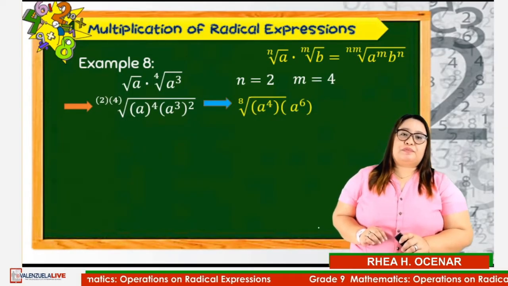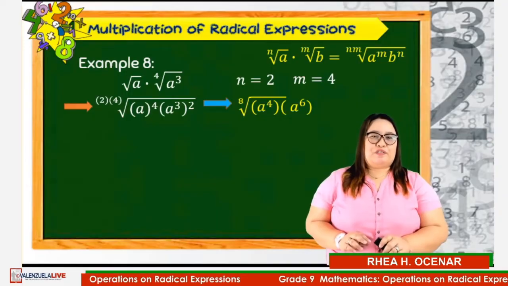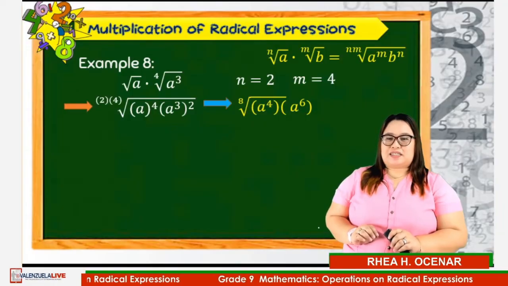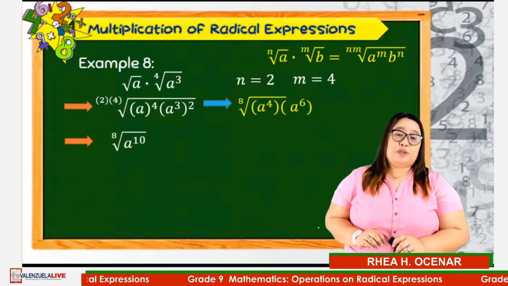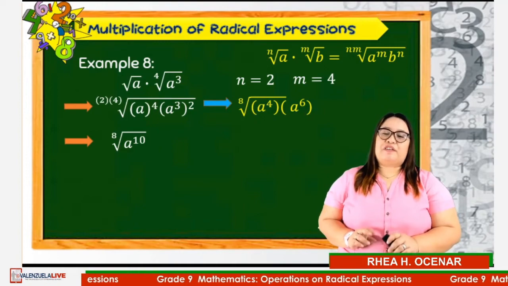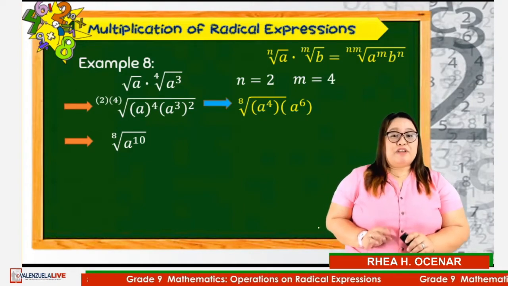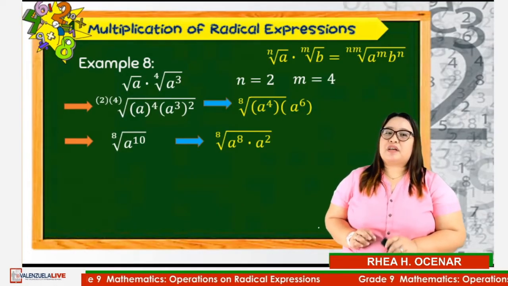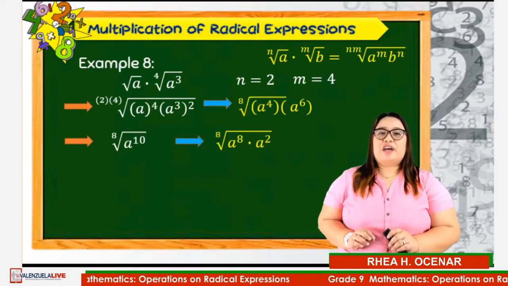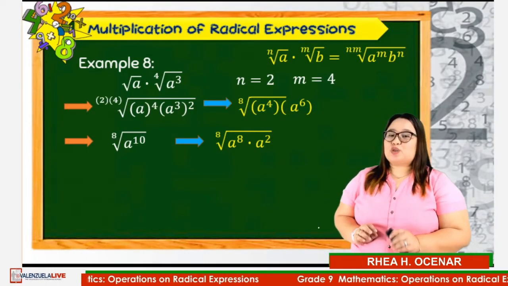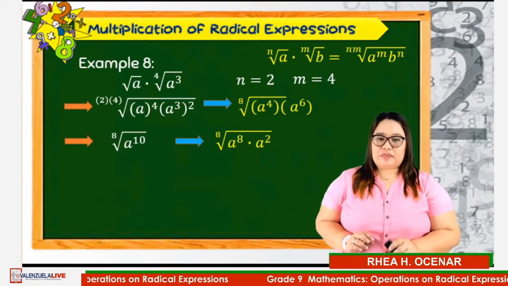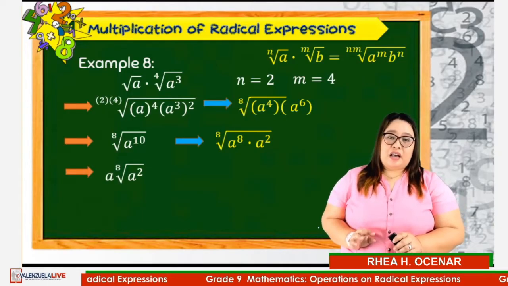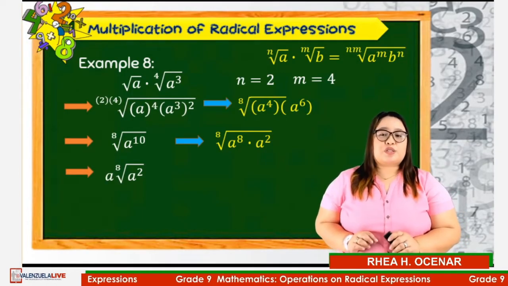Simplifying, we have 8th root of a raised to 4 times a raised to 6, which is equal to 8th root of a raised to 10. Simplifying 8th root of a raised to 10, we have 8th root of a raised to 8 times a raised to 2, which is equal to 8th root of a squared.